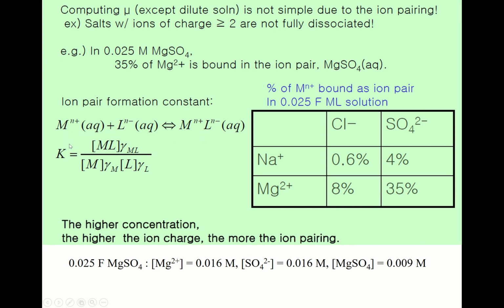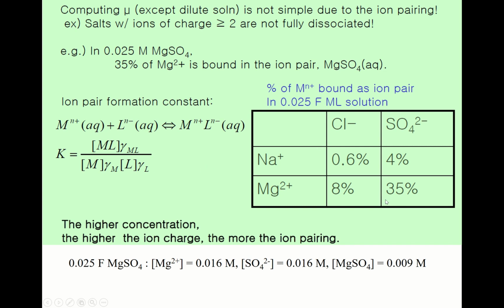A positive ion of valence n makes an ion pairing with an n-negatively charged anion, L, and makes this ion pair, and by definition the equilibrium constant is given by this expression. Here you see gamma in this equation. This gamma is called the activity coefficient. You will see it shortly.